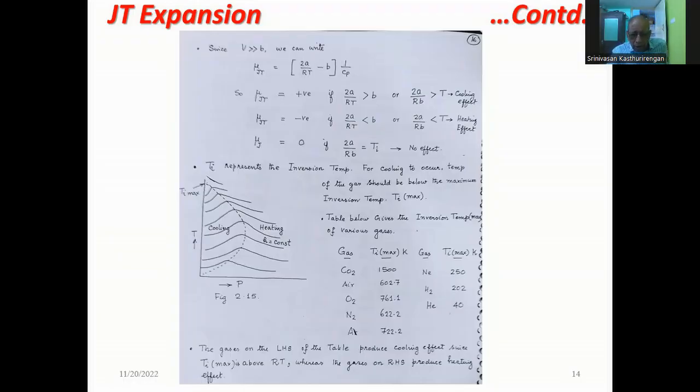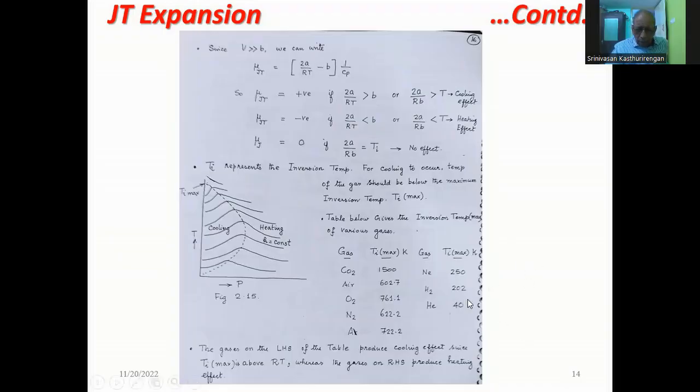Now we can see here a table in which you have details of various gases as well as the Ti max values. Carbon dioxide 1500 Kelvin, air 602.7 Kelvin, oxygen 761.1 Kelvin, nitrogen 622.2 Kelvin, argon 722.2 Kelvin.